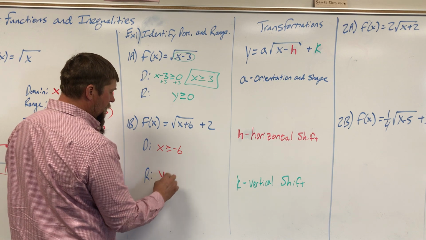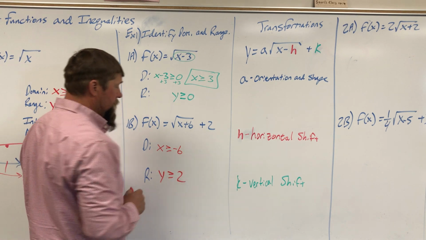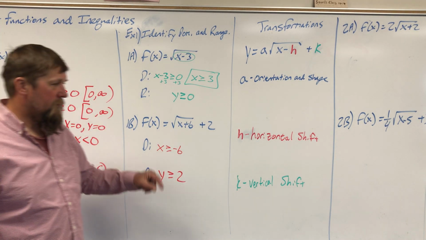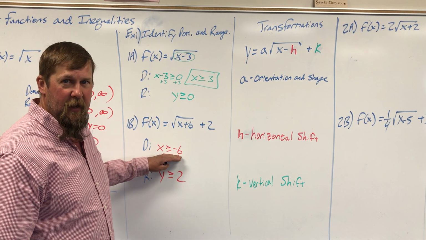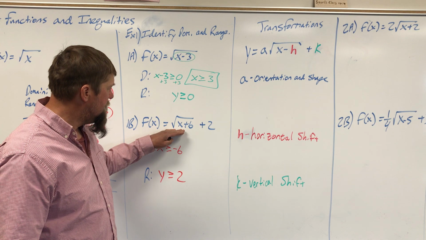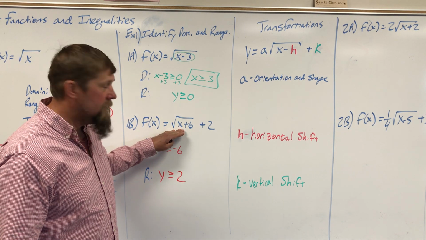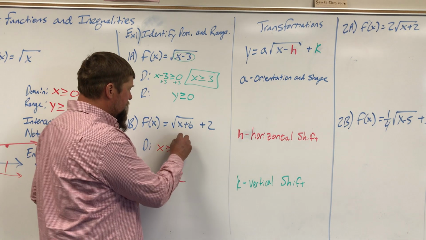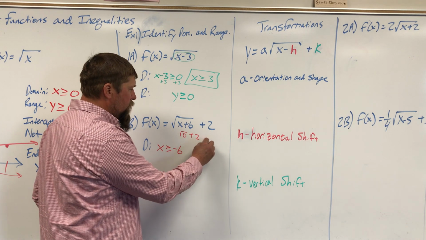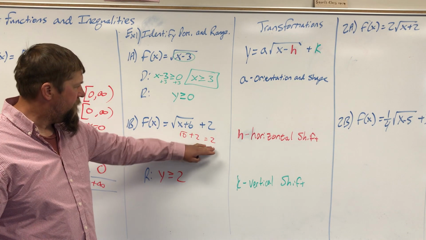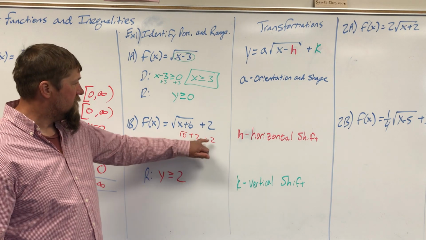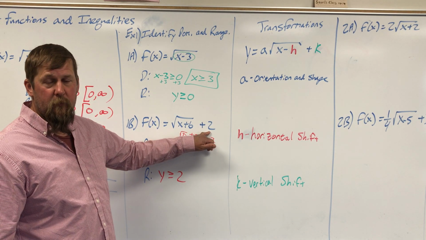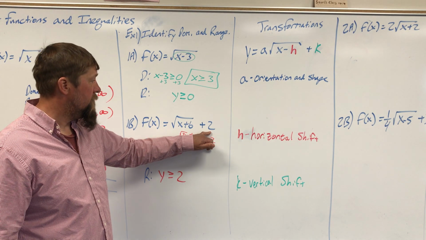So therefore, y is greater than or equal to 2. So I'm going to repeat what I just said. If I put the lowest number for x in, I can, -6, and I put it in here for x, I get 0 here. Well, the square root of 0 plus 2 is 2. So therefore, y has to be greater than or equal to 2. It's always greater than or equal to, or possibly less than or equal to this number here.